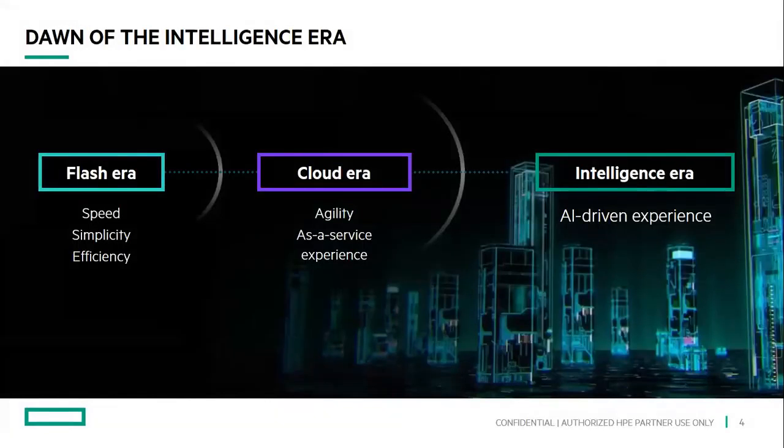We actually talk about some sort of history of how the storage era has evolved. First of all, we had an era where we had a fight on the storages based on the flash era. That means we talk about speed, simplicity, efficiency. SSDs are bringing into the market more efficiency, more capacity, or more speed in terms of IOPS.